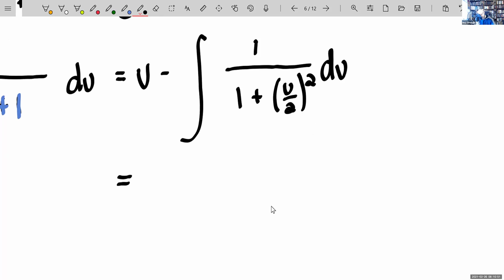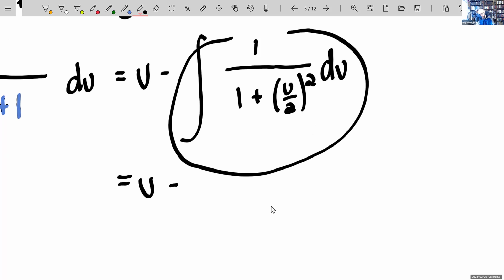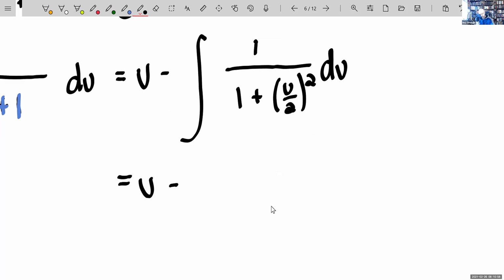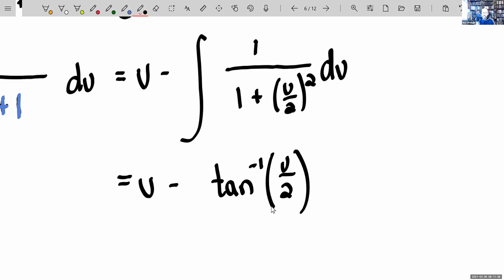This is going to be u minus, this form right here, 1 over 1 plus variable squared, is the tan inverse of that variable. However, because that variable is being divided by 2, the antiderivative will be multiplied by 2. And then don't forget plus c.